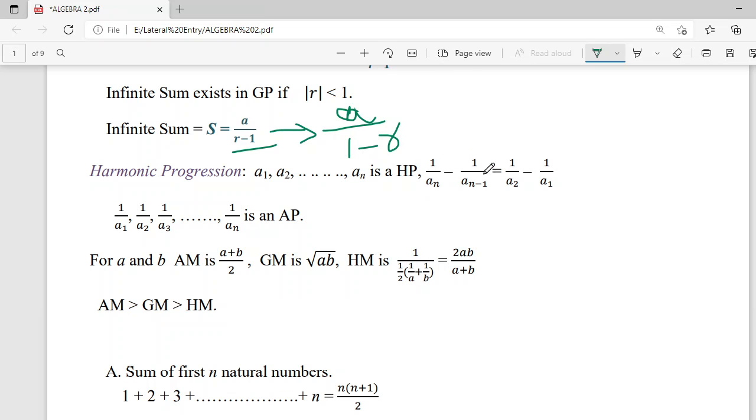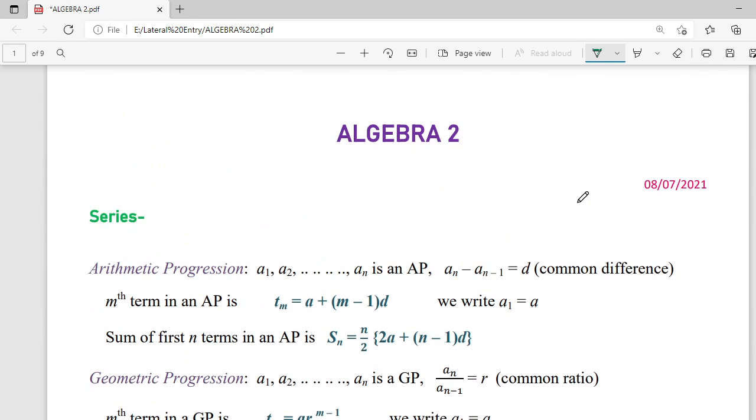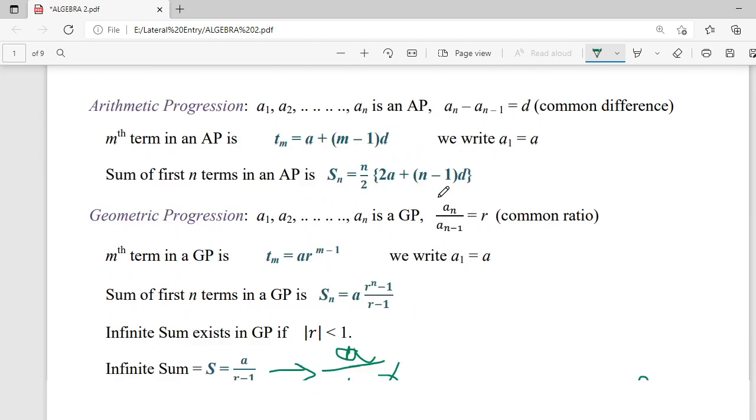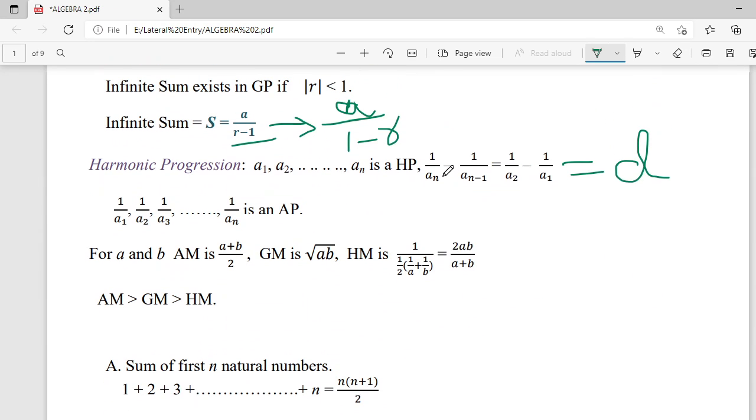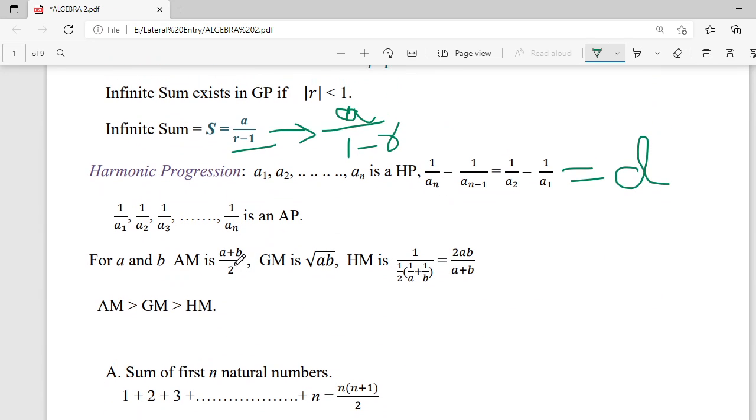So the difference is the common difference, equal to d, the common difference that we have got in this arithmetic progression. So this is harmonic progression, and this result you may remember.